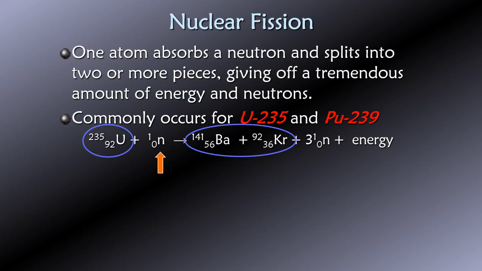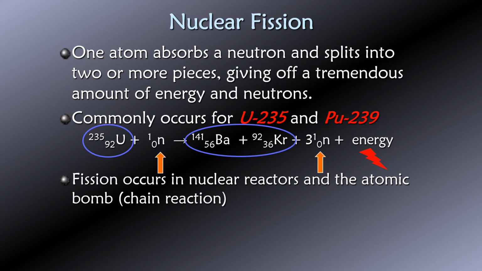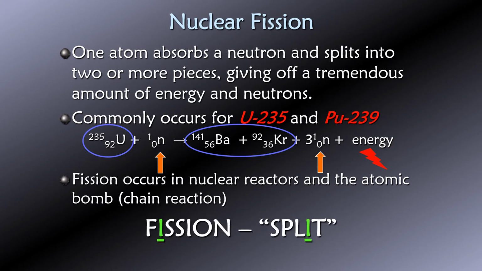And it's also releasing three neutrons as well as some energy during this process. Now, nuclear fission is observed in nuclear reactors, atomic bombs, and all that stuff.